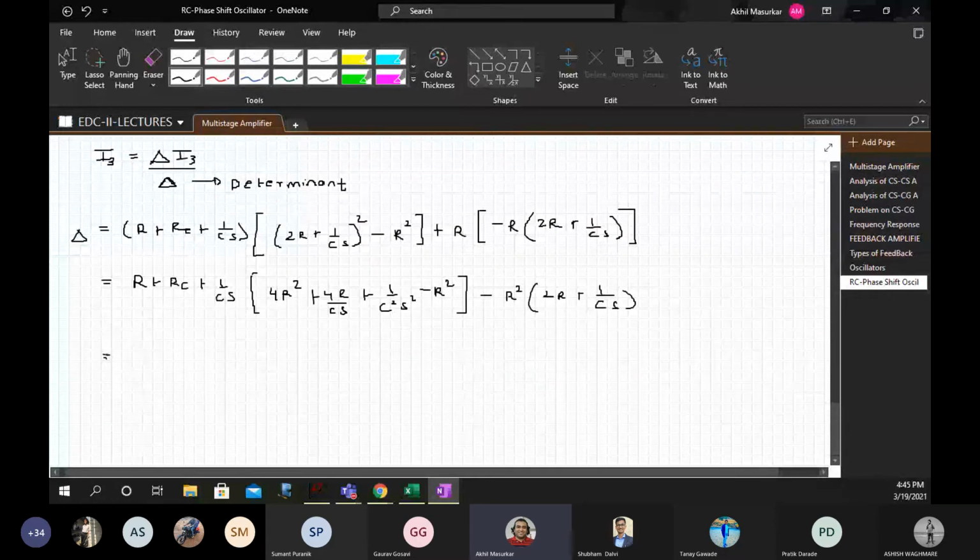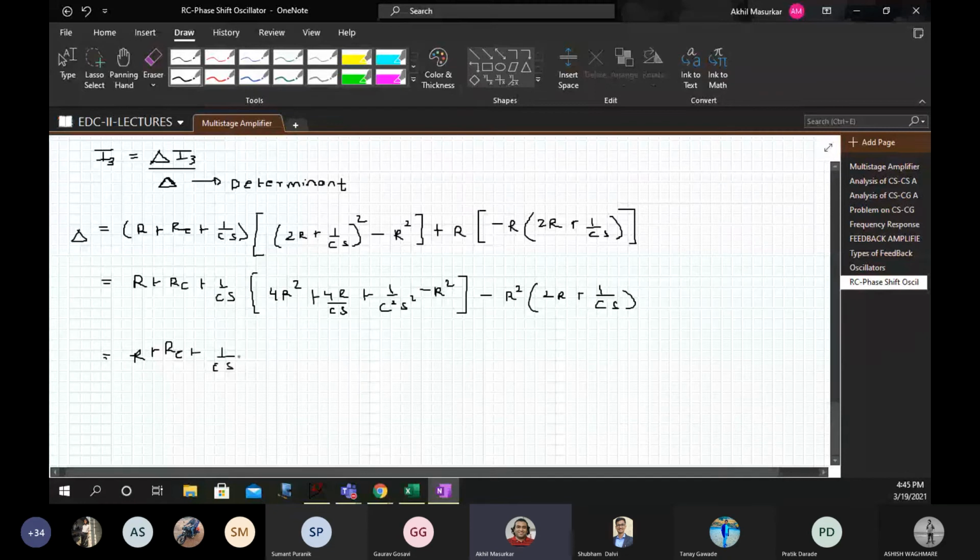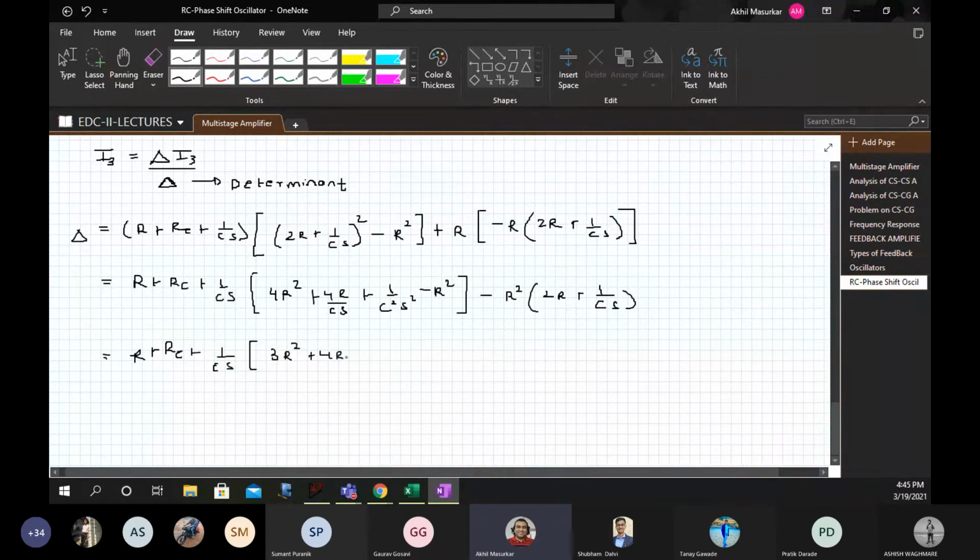And now we'll expand this more, and what we are going to get here is 3R square plus 4R upon CS plus 1 by C square S square, minus R square into (2R plus 1 by CS). So this is actually inside a bracket.